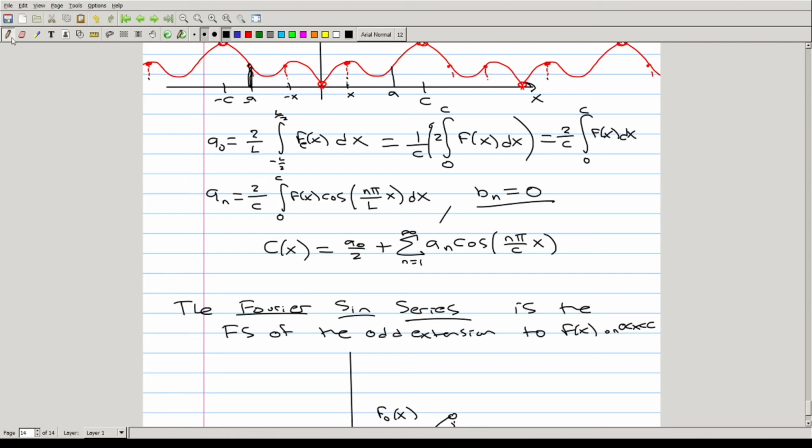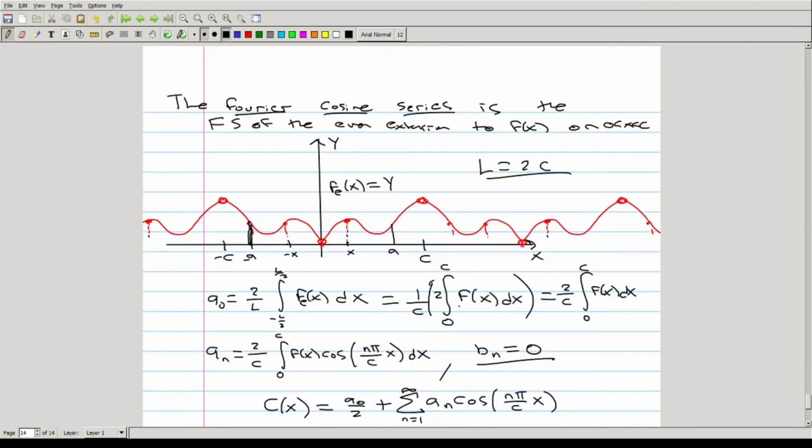Well, and this should not be L, this should be c right here. Because if L is 2 times c, then 2 over L is 1 over c. And 2n pi over L is equal to n pi over c.